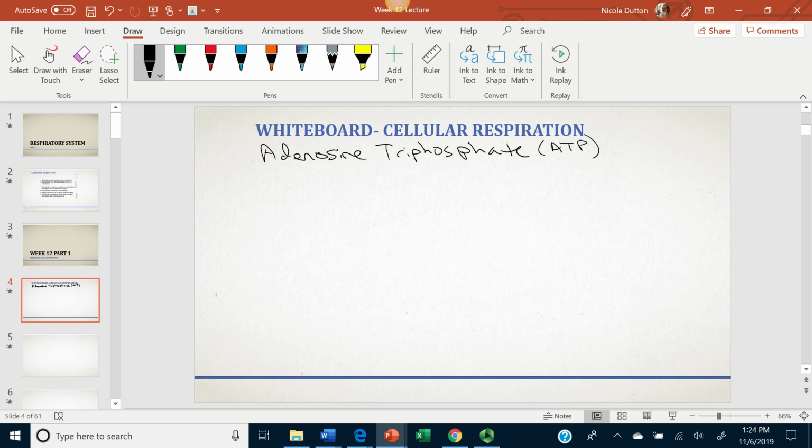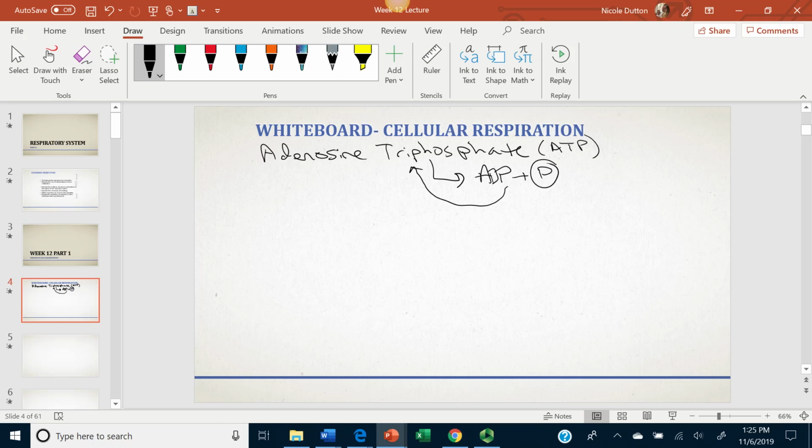So when we use ATP, ATP breaks down into ADP plus a free phosphate. We want to regenerate ATP so that we can keep this cycle going. So we break it apart, we remake it, we break it apart, remake it. And ATP allows us to do work in the cell or to create a movement inside of the cell. And we talked a little bit about that in energy way back in the beginning of the semester.